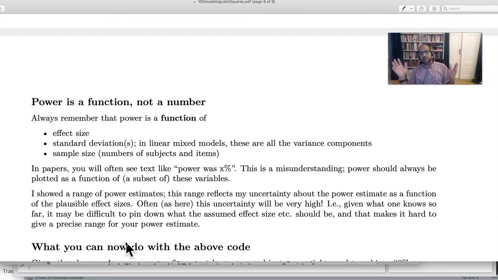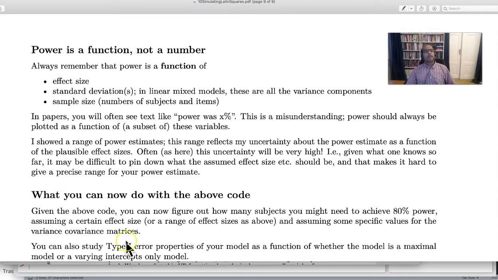We set up our experiment to have power 80%. Power is not a number. Power is a function, and it should always be represented as a function of these variables. Okay. We will do some homework exercises where I will ask you to compute power as a function of sample size. Okay, so you will see that later.